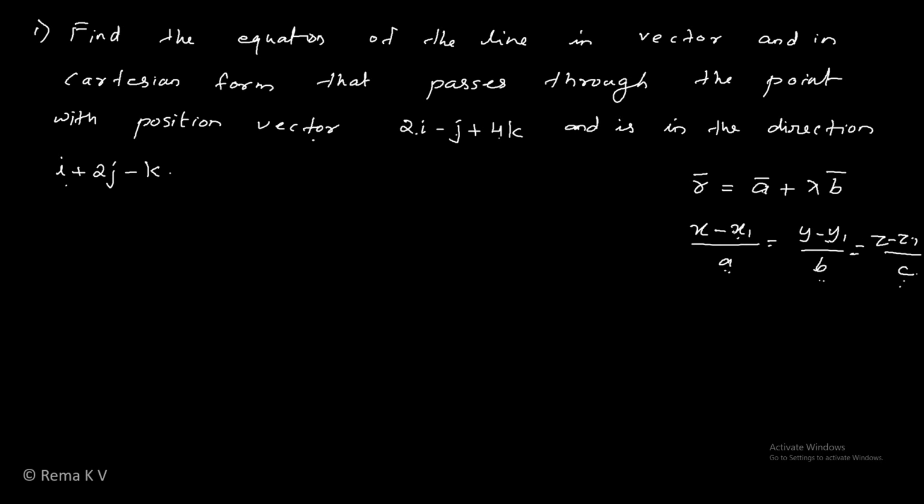So the position vector is x1 i plus y1 j plus z1 k. Then vector b is a vector which is parallel to the given line, and the direction ratios of vector b are a, b and c. So you have to identify from the question what are the values of x1, y1, z1 and what are the values of a, b and c.